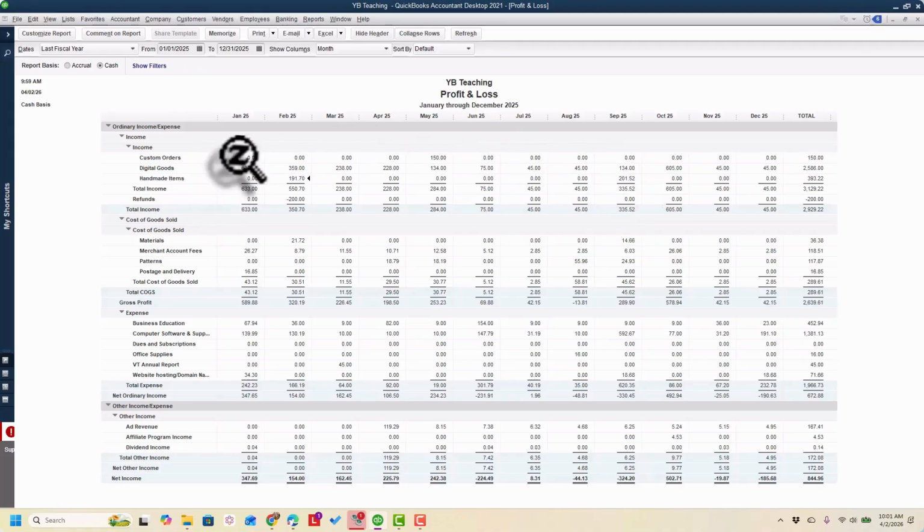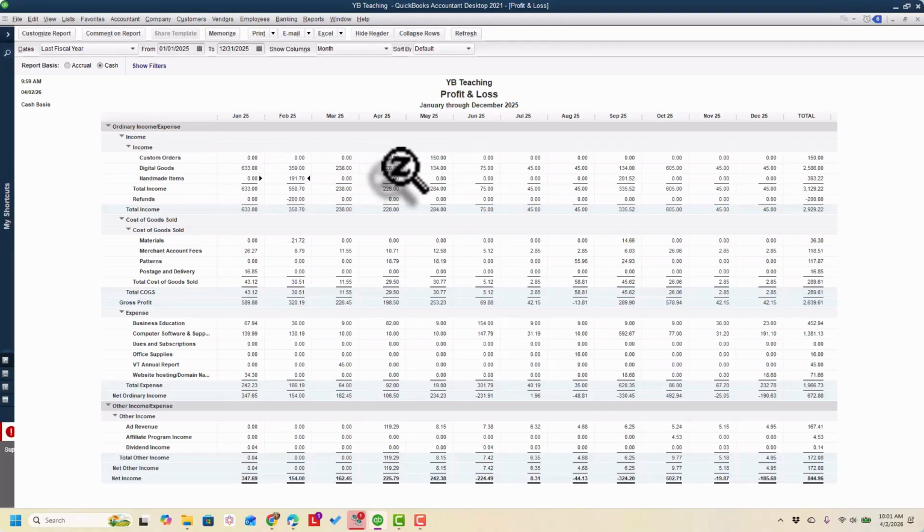So really, you kind of want to keep your income split out by how you're making it. So here I have custom orders where I'm only charging basically time because somebody already provided the materials.